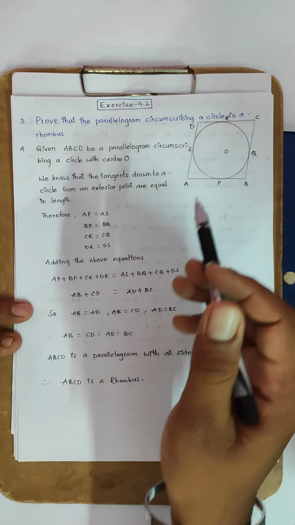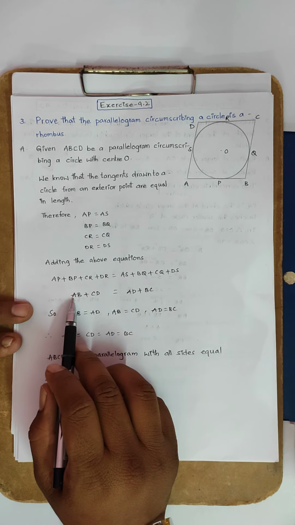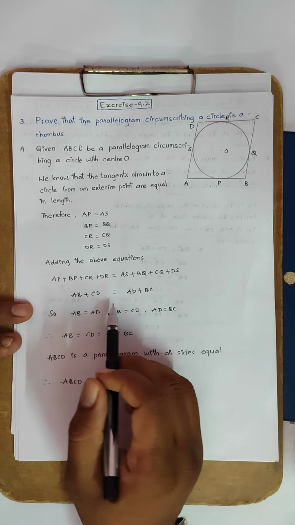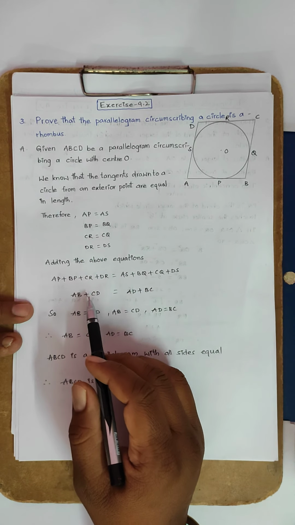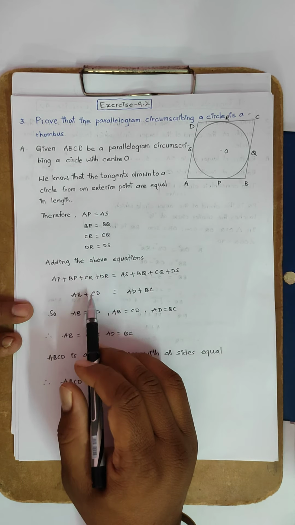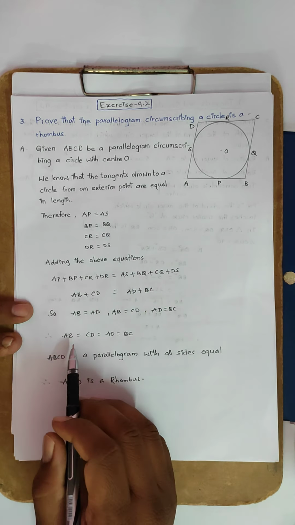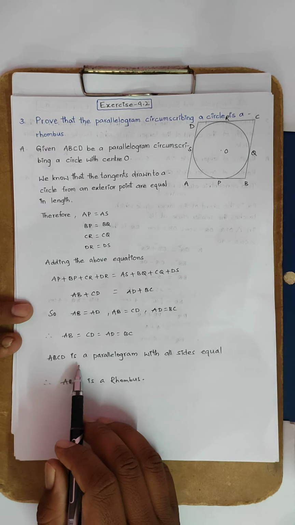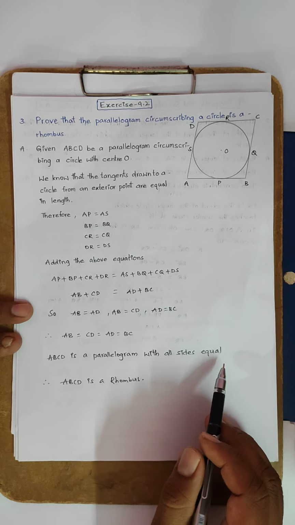In this way, the left hand side and right hand side are equal. Now all these four sides are equal, so ABCD is a parallelogram with all sides equal.